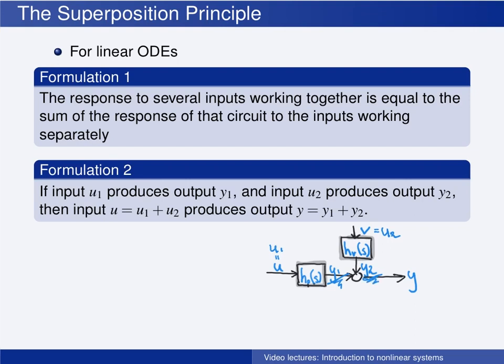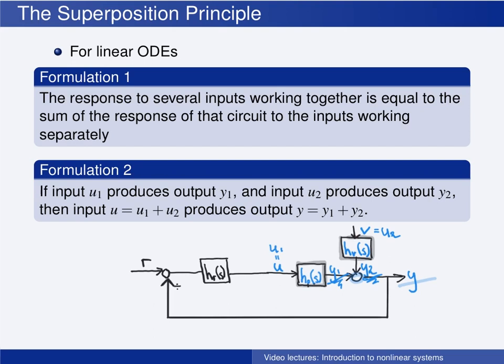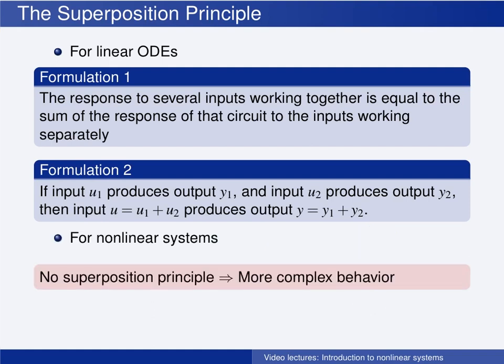And the system response to these two inputs is the sum of the two outputs, Y. And then we typically feed back the output, compare it with a reference signal, and design a controller to make the system follow the reference and suppress the impact of the disturbance as well as possible. For nonlinear systems, however, the superposition principle does not hold.